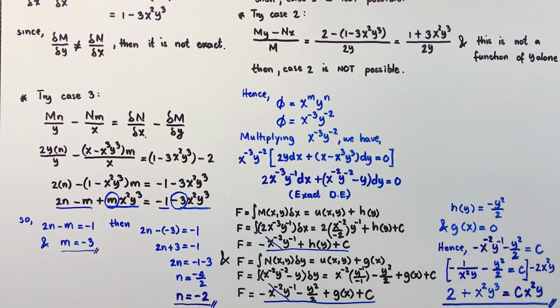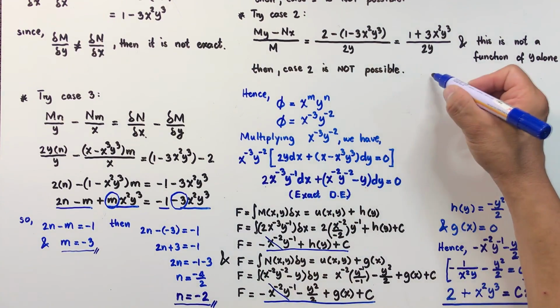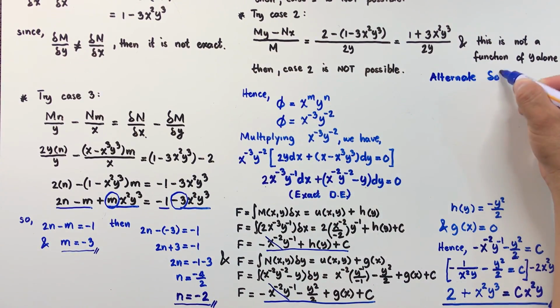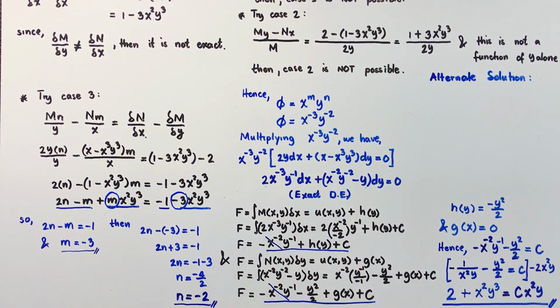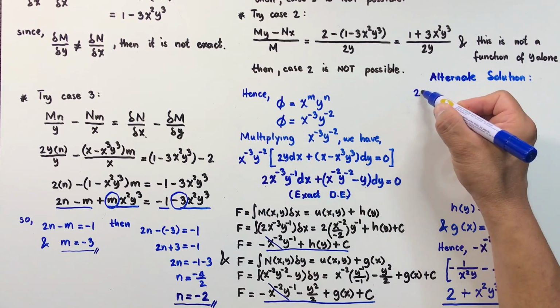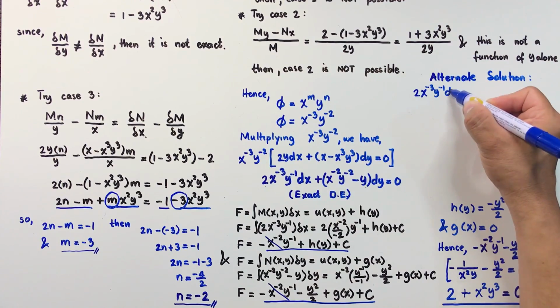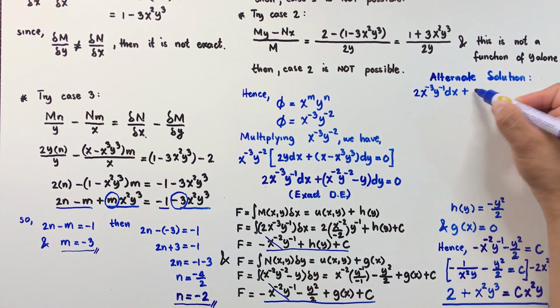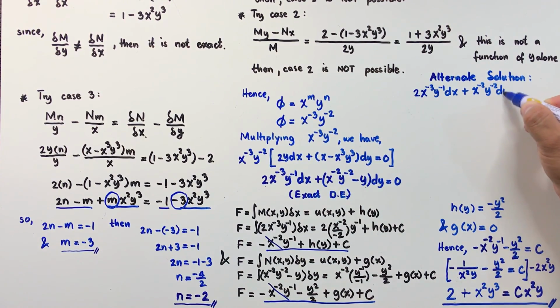But this solution can be shortened if we can recognize an integrable combination for this differential equation. So we can offer an alternate solution here by distributing this dy to this binomial. So we have 2x to the power negative 3 y to the power negative 1 dx plus x to the power negative 2 y to the power negative 2 dy minus y dy, which is equal to 0.